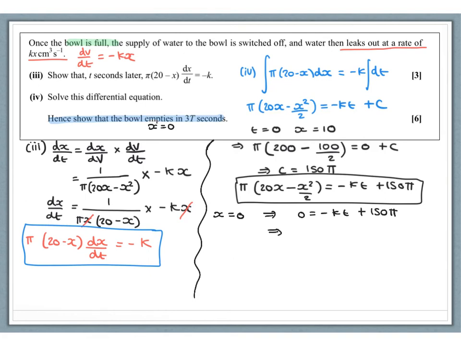Let's rearrange this. It tells us that kt equals 150π and t is equal to 150π over k, which is equal to 3 multiplied by 50π over k, and if you remember from the earlier part of the question, that is T. So the bowl empties and has an x value of 0, radius of water of 0, when the time is 3T.